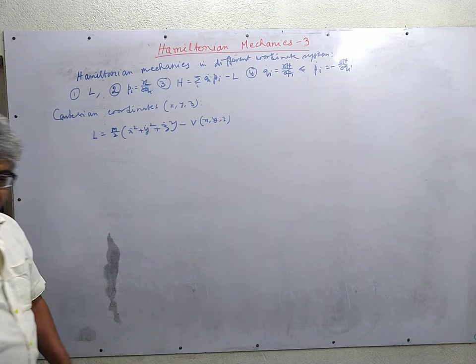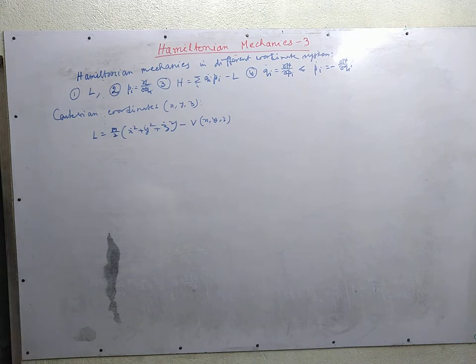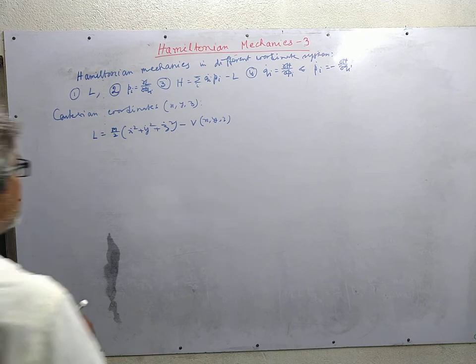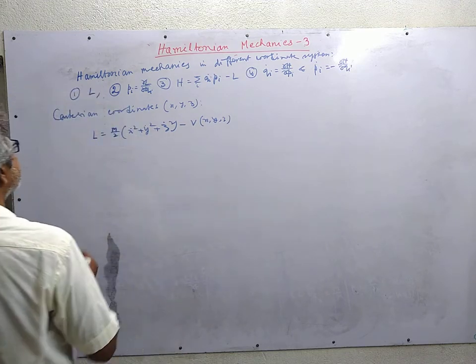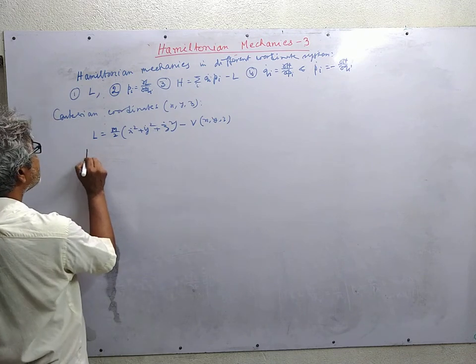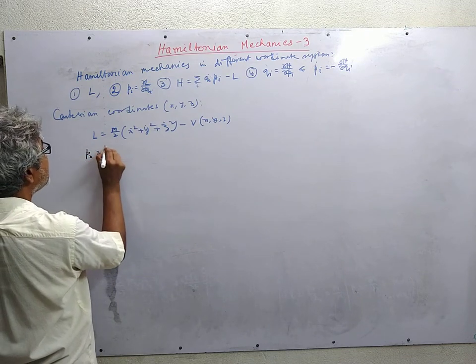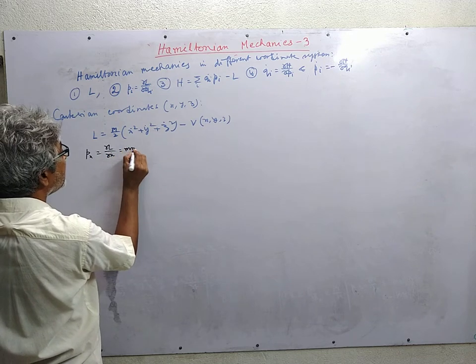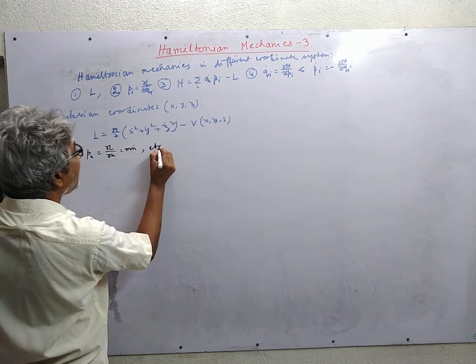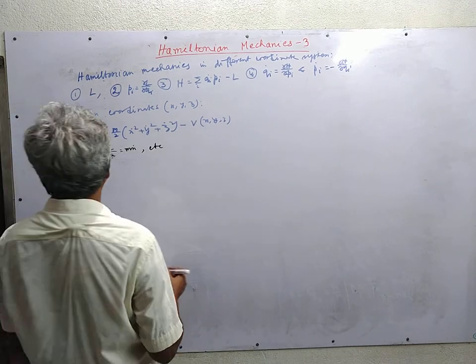We consider a system which can be described in terms of a potential V which does not depend on velocity, that is to say, we are considering a conservative system. Then p_x is equal to del L del x dot, which is m x dot, and other relations like this.